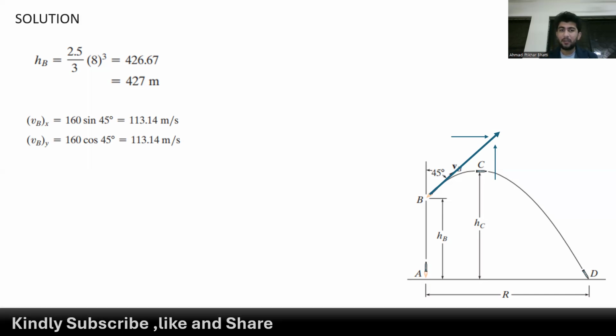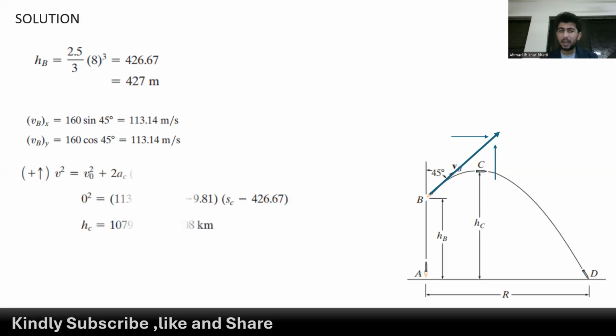And in the horizontal direction, we have 160 sin 45 degrees, so it also becomes 113.14 meters per second. You see, in this example we use cos with the vertical direction and sin with the horizontal direction because this angle is with the y-axis.